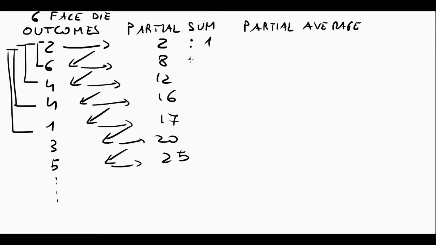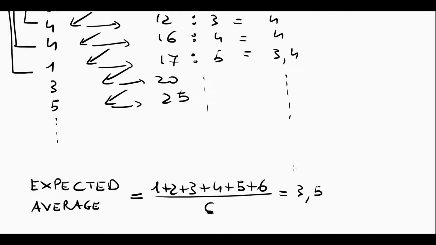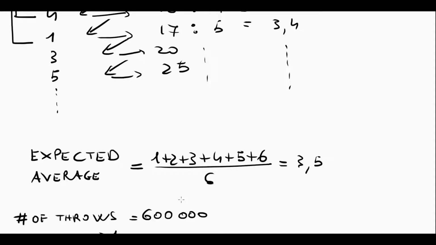Now we work out the average. The partial average, this is 2, this is 4, this is 4, this is once again 4, this is 3.4, and so on. What are we going to obtain? The expected average should be 3.5.